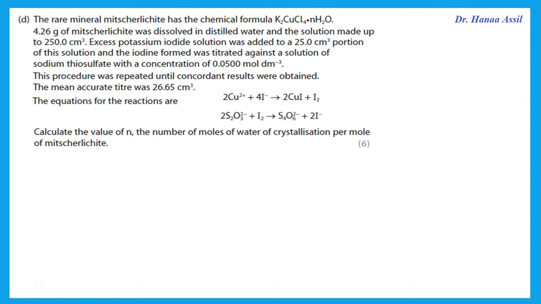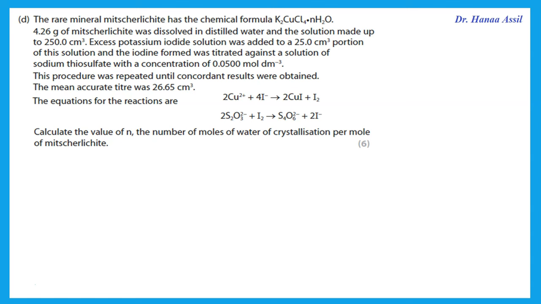This procedure was repeated until concordant results were obtained, and the mean titer was 26.65 centimeter cube. We're given the equations and we're told to calculate n, which is the number of moles of water of crystallization per mole of that compound.